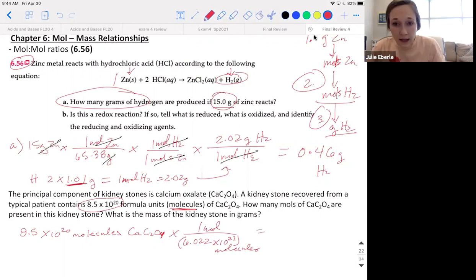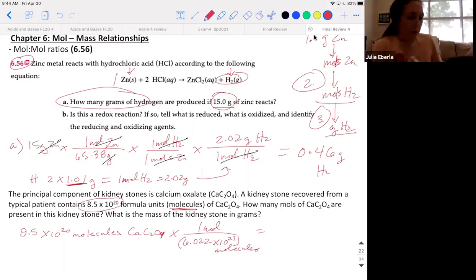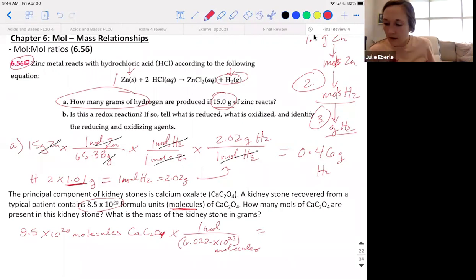I guess I could grab my real calculator. Okay, I got 0.0014. That's what Brooklyn got, moles.